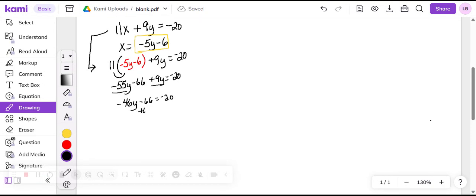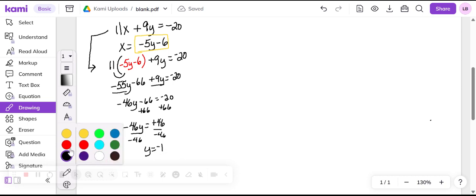Now I'm going to add 66 to both sides, and I get negative 46y is equal to positive 46. When I divide both sides by negative 46, y is equal to negative 1.